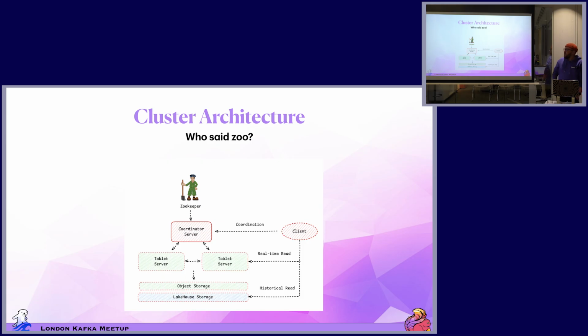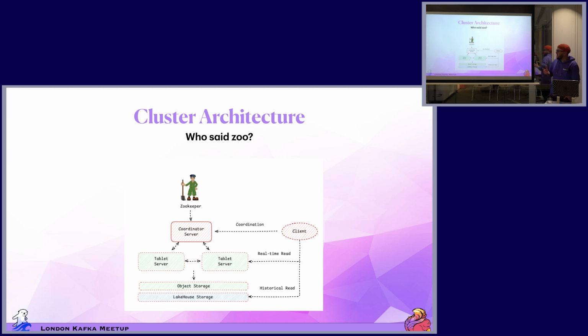So let's discuss a little bit the cluster architecture. Basically it consists of a ZooKeeper node for coordination. Then there is a leader coordinator server that can be used for storing data as well, but it's responsible for doing this tiering, doing these snapshots and other stuff where you need coordination from ZooKeeper.